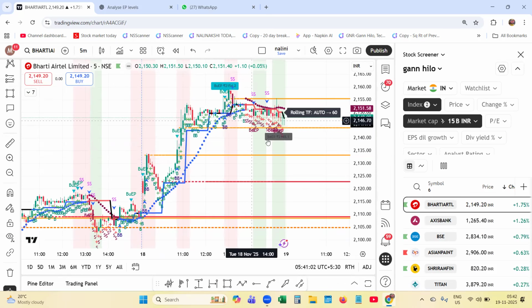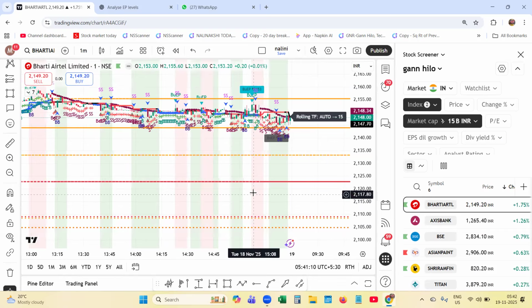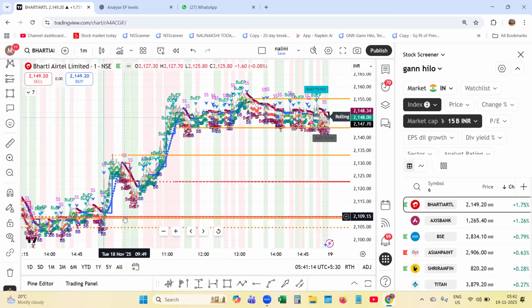A new support has not been formed. Even if I change to 1 minute and see whether black lines have appeared. No, not at all. This is the cluster of resistance turned into support, and the next support is 21,000.